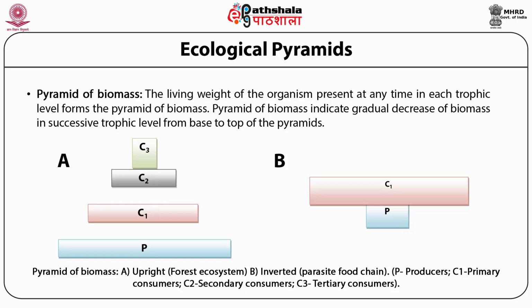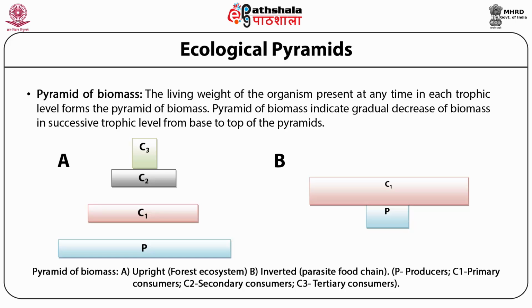Similarly, the biomass of the herbivores should be more than that of carnivores. The successive decrease of biomass from lower to upper trophic level causes narrowing of the pyramid in most ecosystems. But this is not true for all ecosystems.